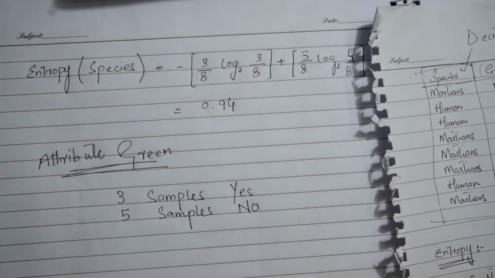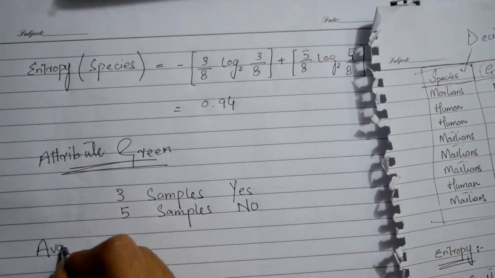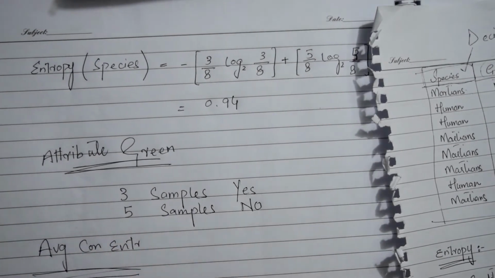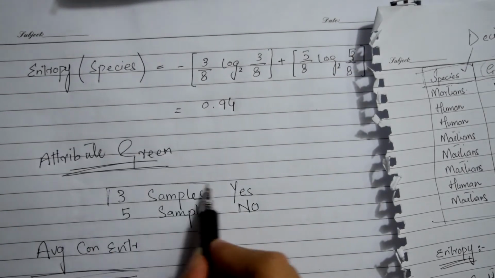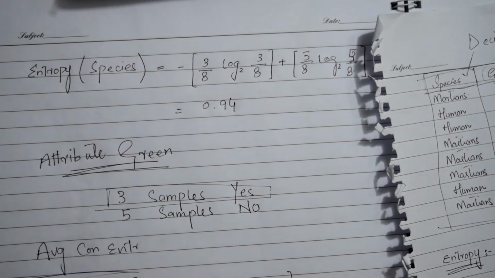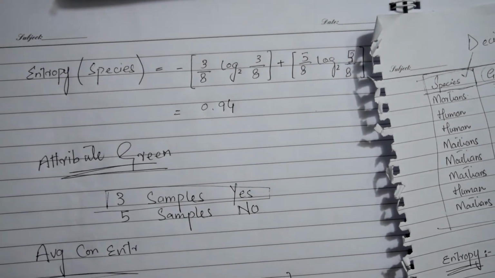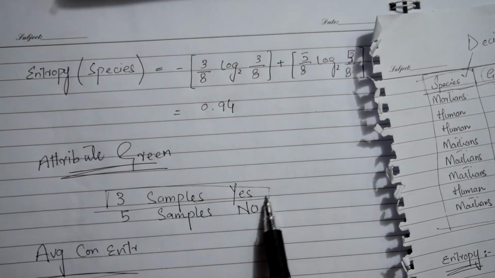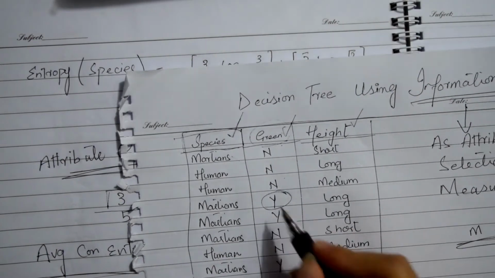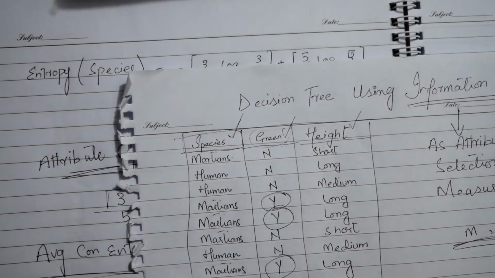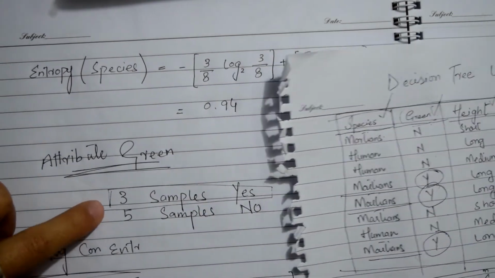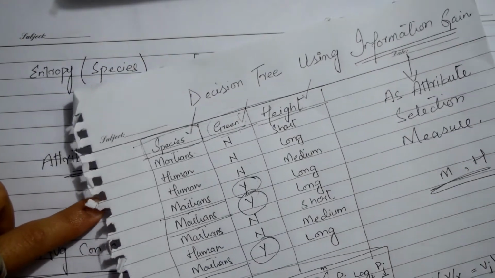For calculating the average conditional entropy, first we calculate for the 3 samples which say yes. Against these 3 yes we have only Martians, no humans.